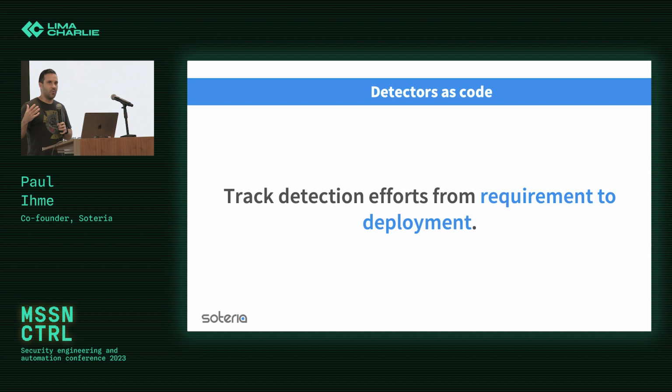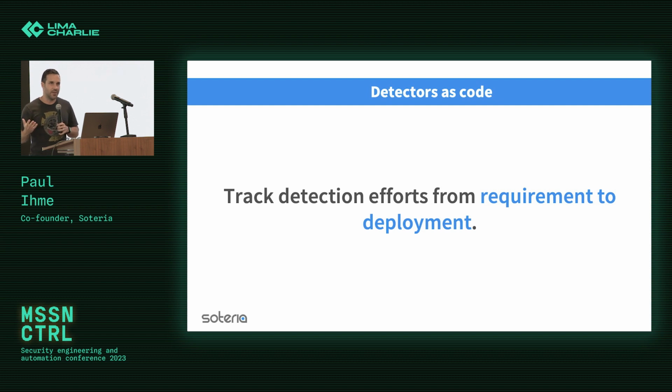And really the ultimate goal that we want to achieve when we zoom out is not just having detectors as code for the sake of storing things in GitHub instead of clicking around in our SIMs or LimaCharlie for everything, but we really want to be able to track requirements from the requirement to the deployment of those rules into our client systems.